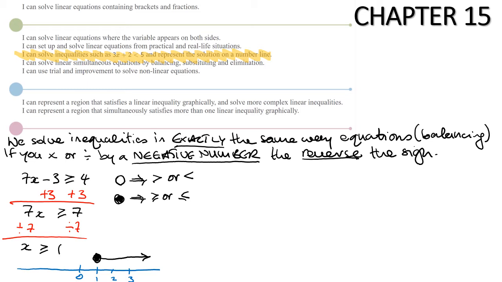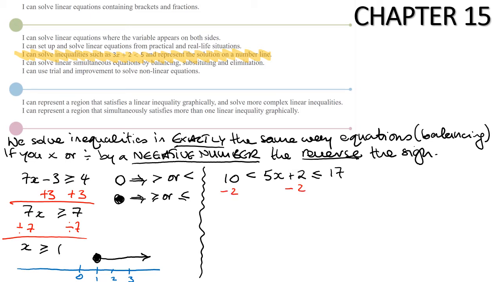Let's try another one. Now sometimes you can get what I call two-sided inequalities, so you can get something like this: 10 less than 5x plus 2 less than or equal to 17. There are 3 sides to this inequality, so we're going to solve all 3 bits together.